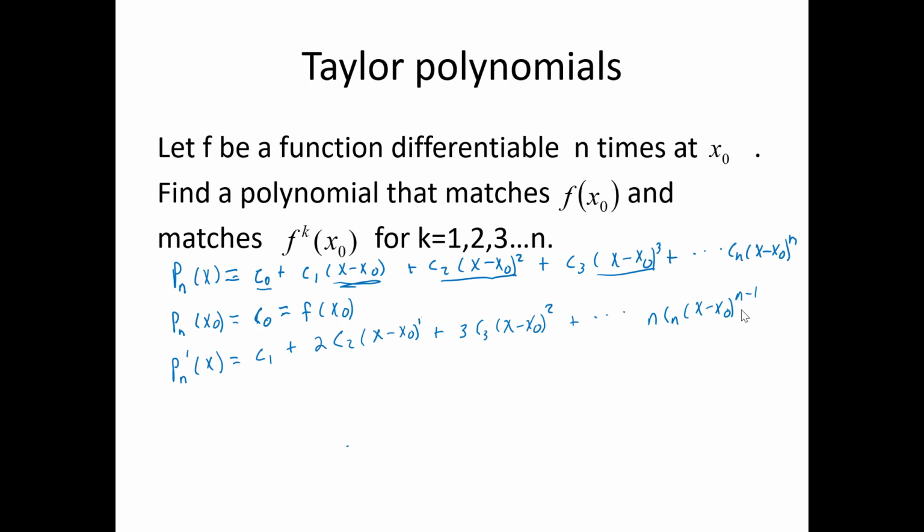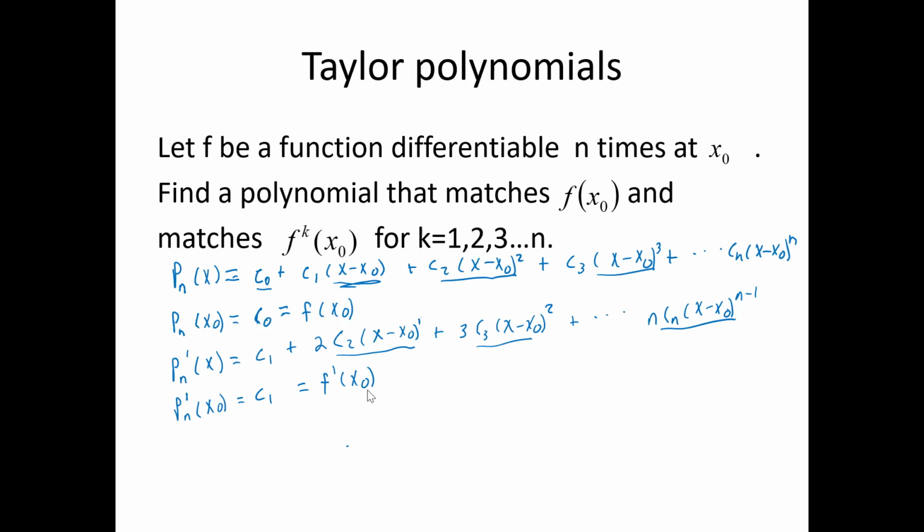And so then to figure out what C1 is, we'll evaluate our derivative at x naught, and we will just get C1, because all of these terms right here will go to 0. And so that this matches my first derivative, I will just set C1 equal to the derivative evaluated at x naught.